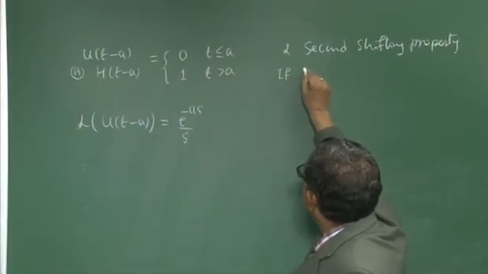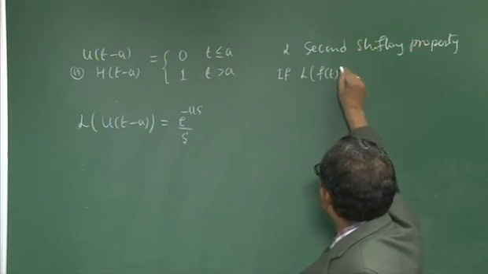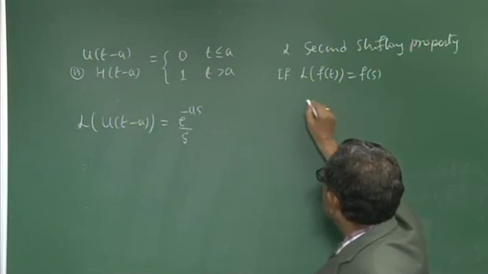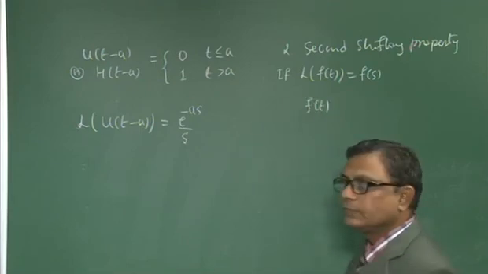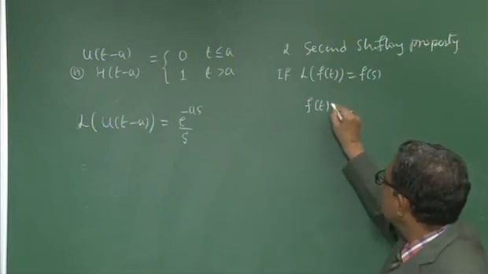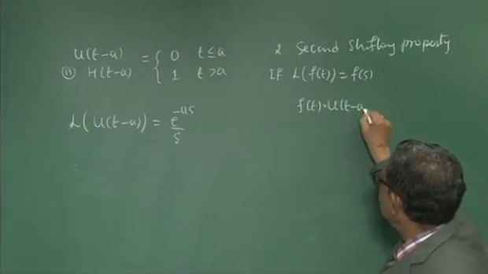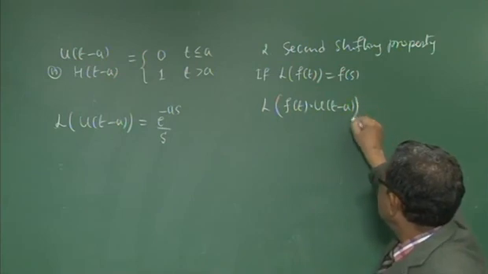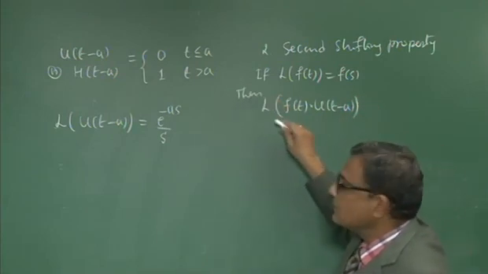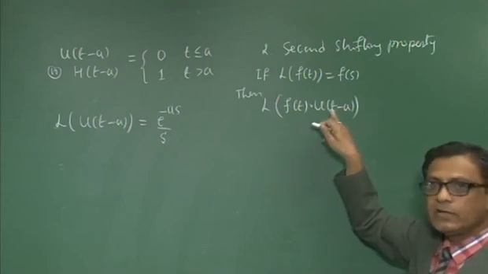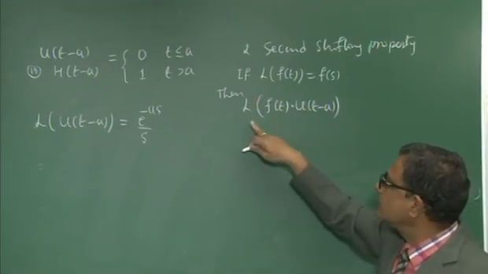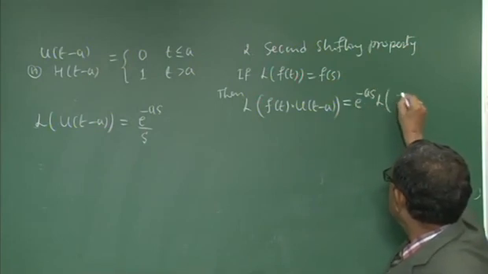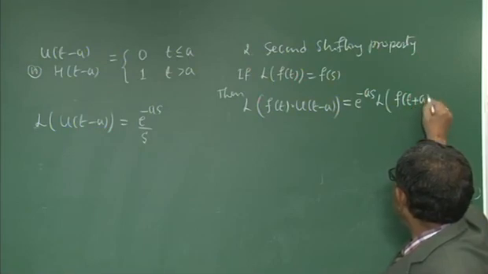If L of f of t is equal to f of s, if the function f of t is multiplied by the unit step function, and if you take its Laplace transform, it is e raised to minus as L of f of t plus a.